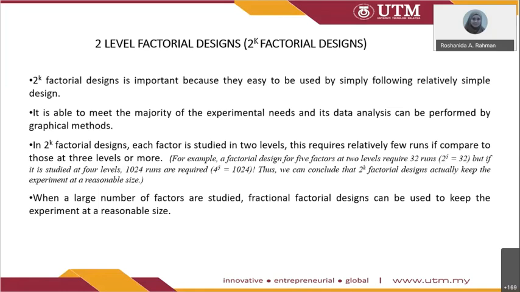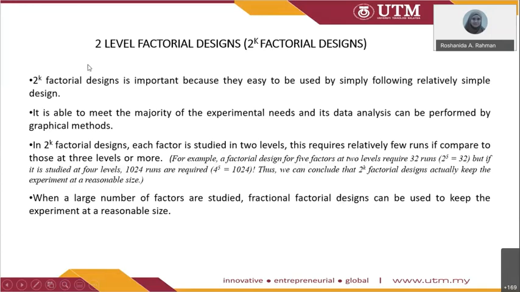It's too much in terms of time and cost. So if the screening process is just to determine the significant effects of the factors, you can choose to run a fractional factorial design.